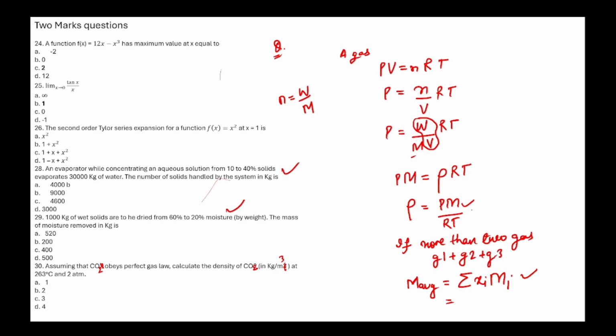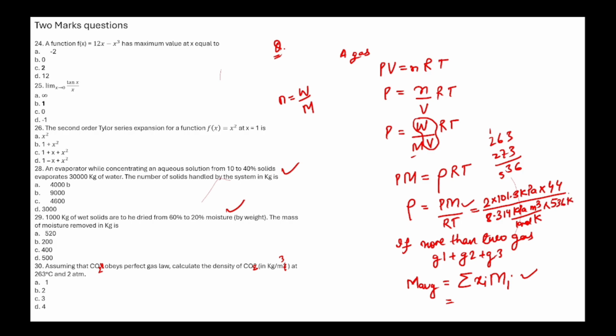So just put all the values. Pressure we have, I think 2 atm, so 2 into 101.3 kilopascal. Molecular weight of CO2, I think it is 44, if I'm not wrong, divided by R, 8.314 kilopascal meter cube per kilomole Kelvin, into temperature, 263 plus 273, that is 536 Kelvin.